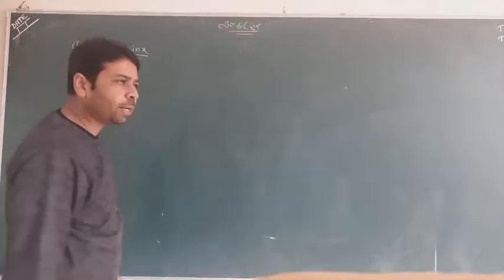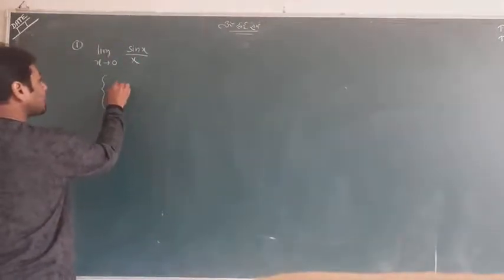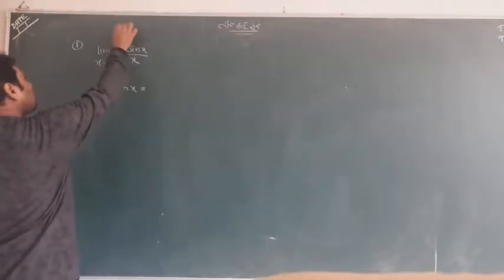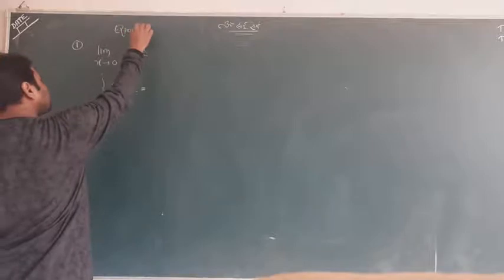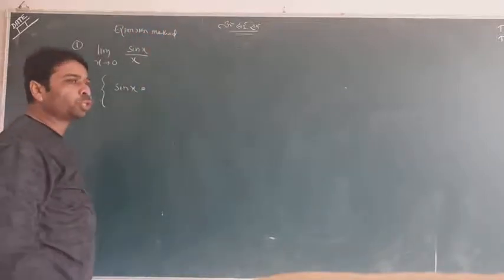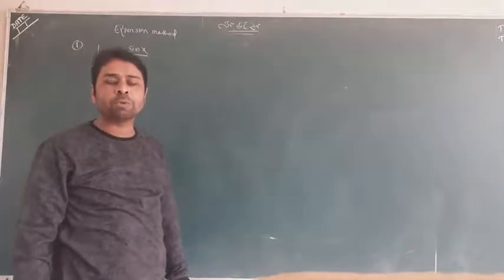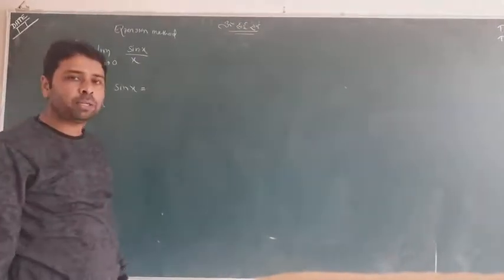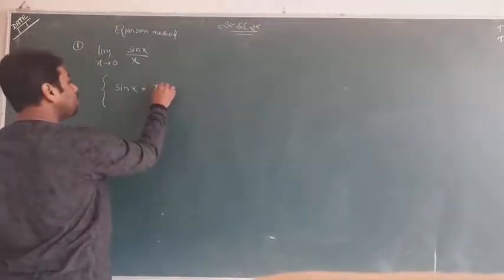Let me say one thing: for sin x I am using the third method, which we can also call the expansion method. This method normally will not be used in questions, but in derivation I am using it. What is the expansion method?